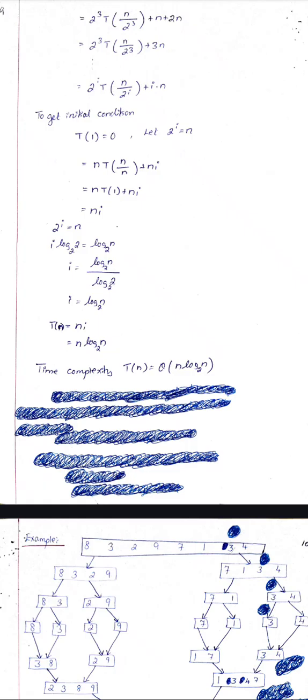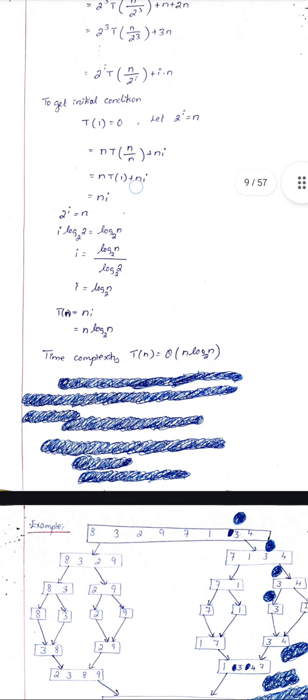So that's why we have log 2 to the base 2 equals to log 2 n, i equals to log n to the base 2, log 2 to the base 2.